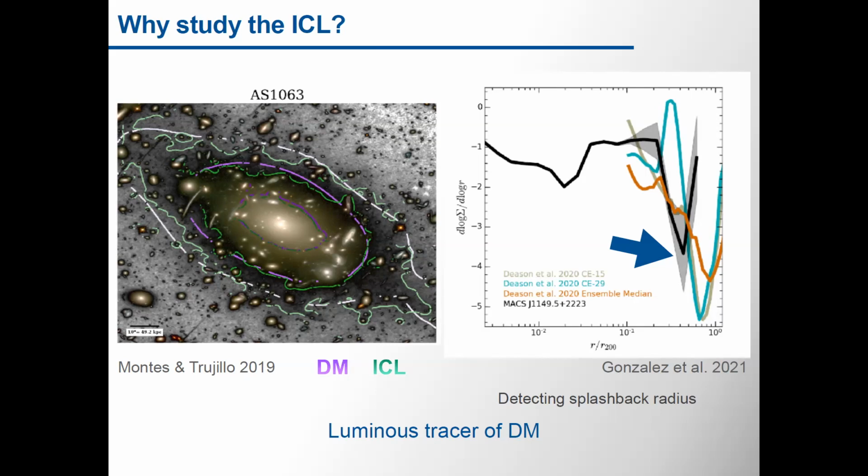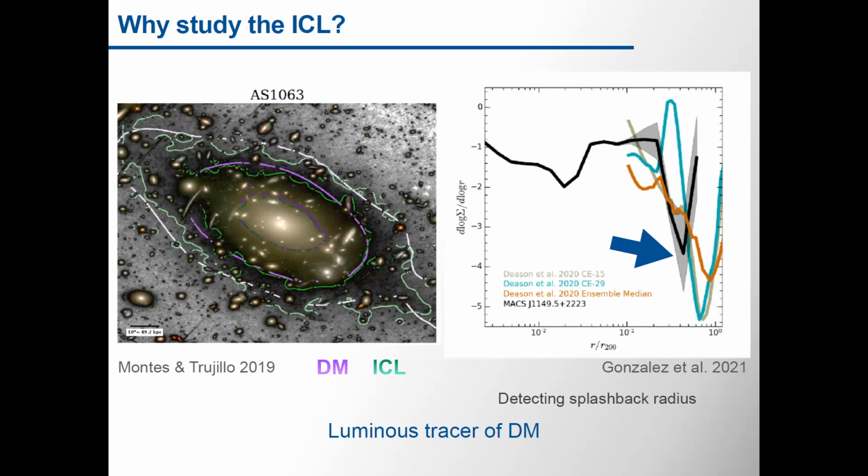So basically, by using this intracluster light as a dark matter tracer, we can see how this dark matter distributes in clusters of galaxies. And also this property can help us find the splashback radius. The splashback radius, if you are not familiar with it, is a sort of physical edge of clusters of galaxies.